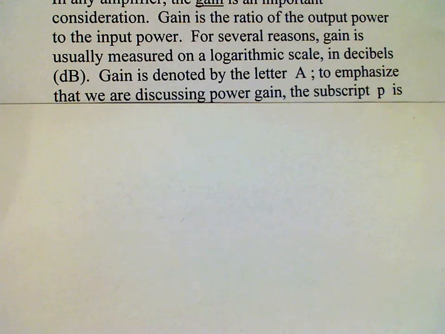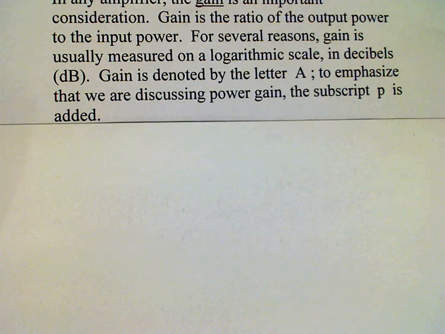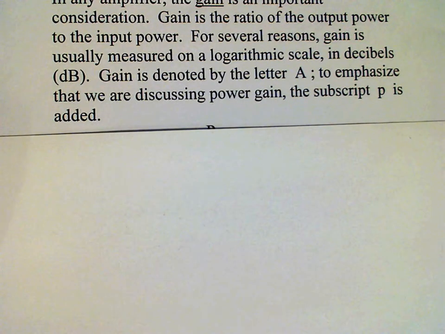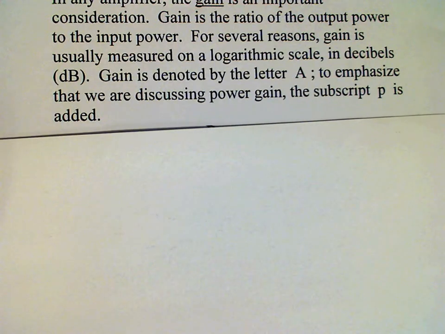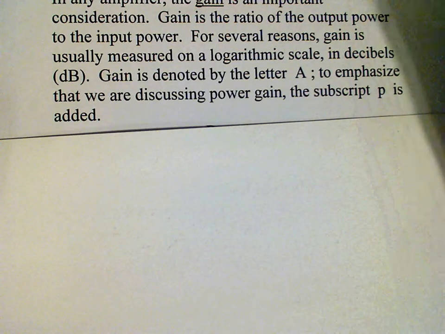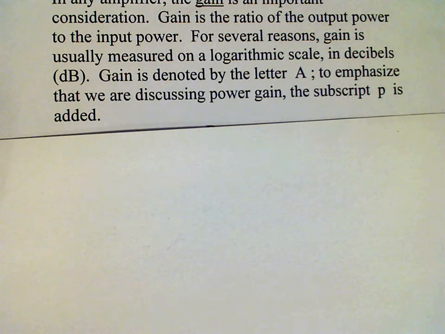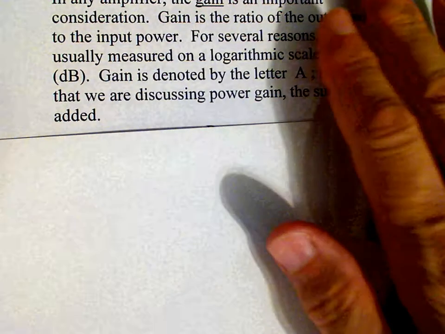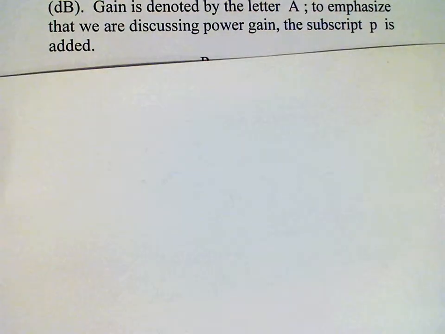And when the calculation is done in this way, then the units are known as decibels. Gain is commonly abbreviated by the letter A. We can't use G because that means conductance in electronics. And because there's several kinds of gain, usually the subscript P is also included.